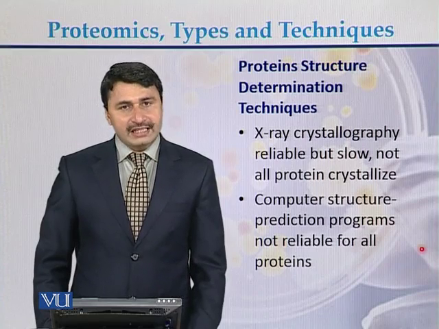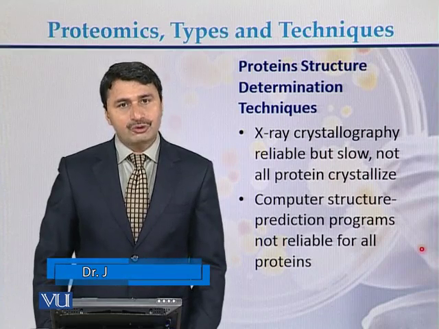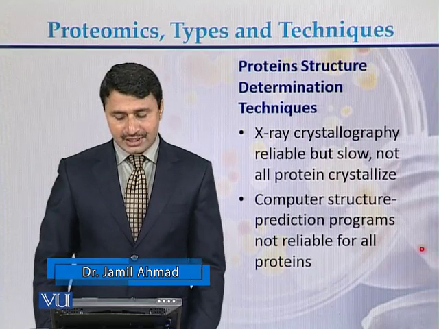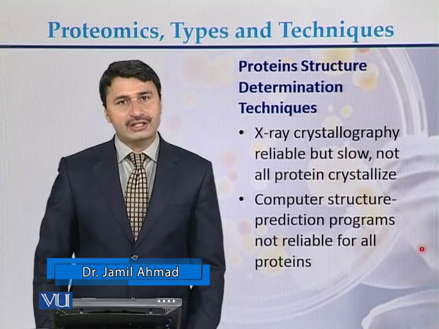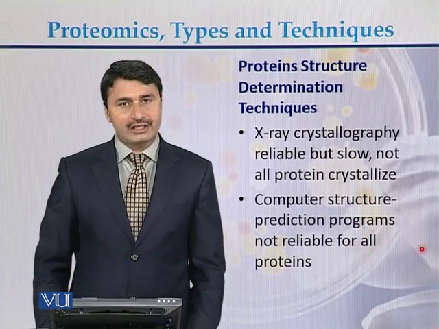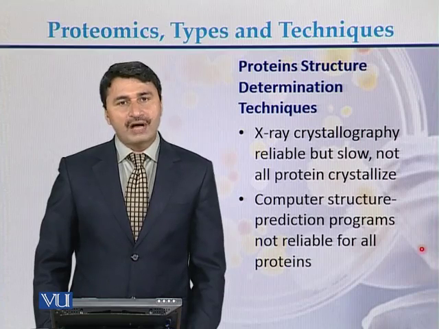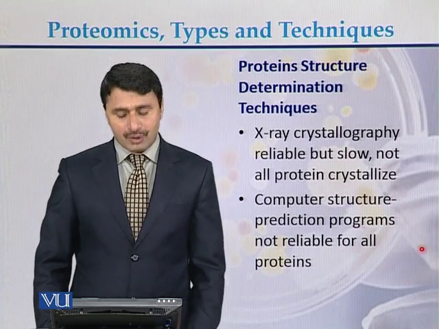There are different techniques used to determine protein structures. Those techniques include X-ray crystallography, and in addition to X-ray crystallography, computer structure prediction algorithms are also used to find out the structure of proteins.